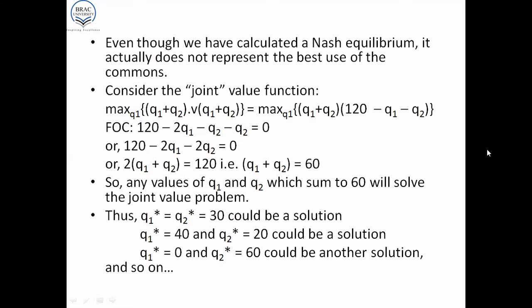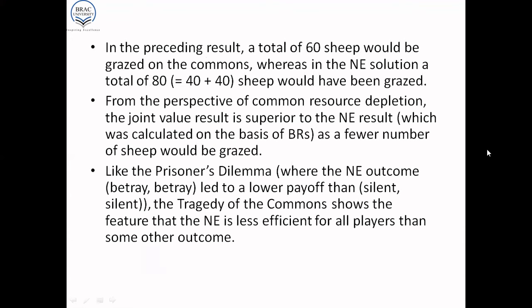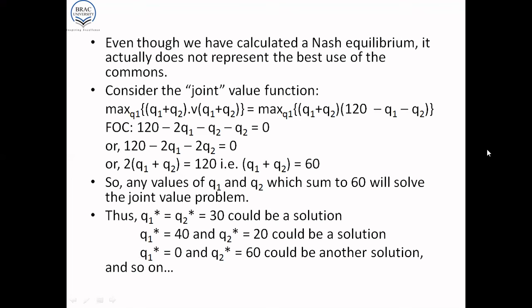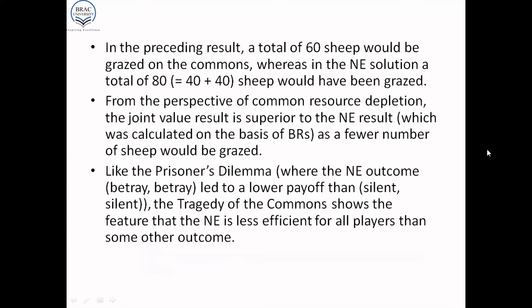Now, how is this solution different from the previous Nash equilibrium solution? In the joint value problem, which we just calculated, a total of 60 sheep would be grazed on the commons.